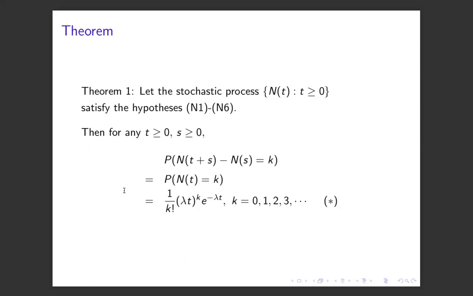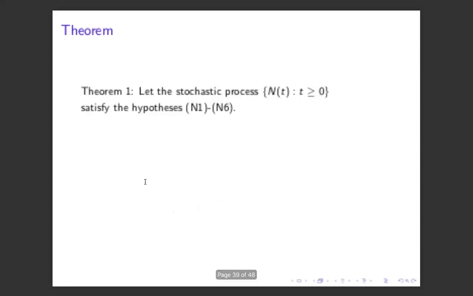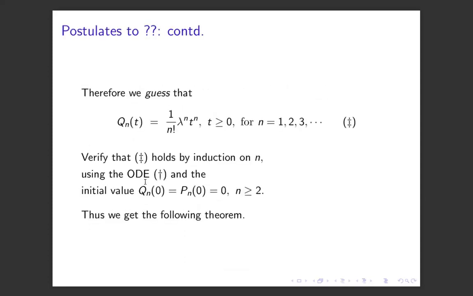So probability Nt equal to k in our notation is Pk of t. So Pk of t is e to the power minus lambda t times Qk of t, and we have the formula for Qk of t.